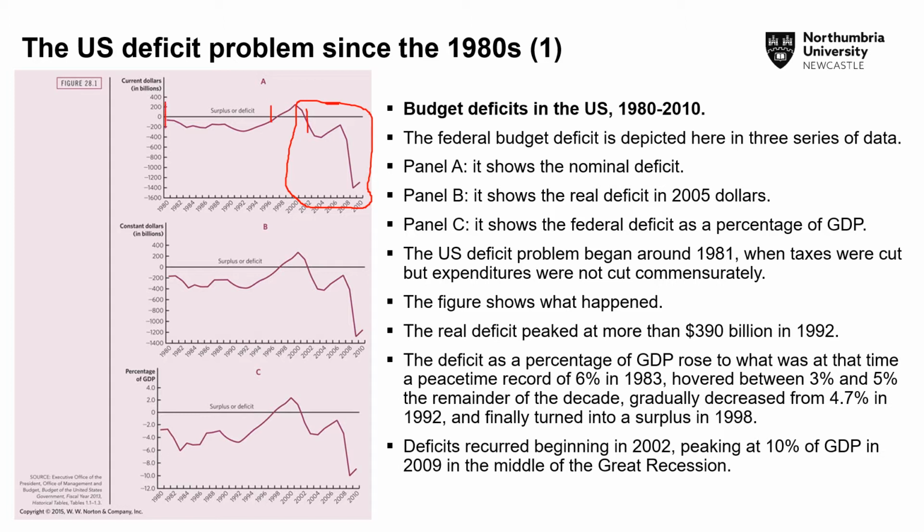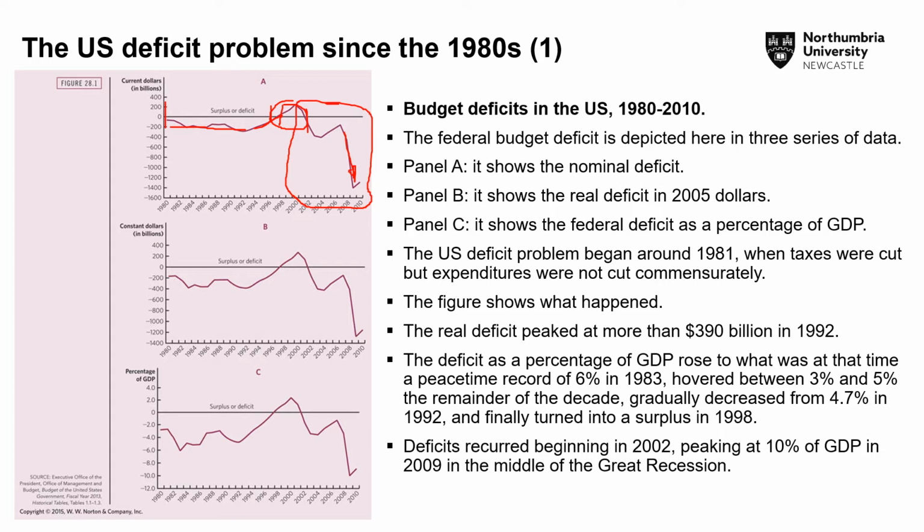That deficit develops in the 1980s and remains more or less constant around $200 billion. Then there is a brief recovery, we go into a surplus, or in other words, the US goes into a surplus. But then again we have a decline and an increase in the deficit.